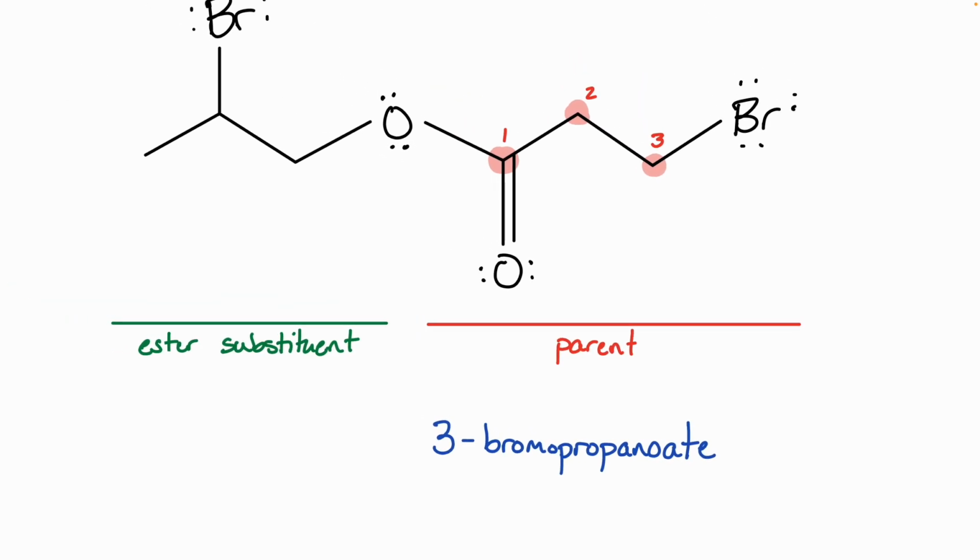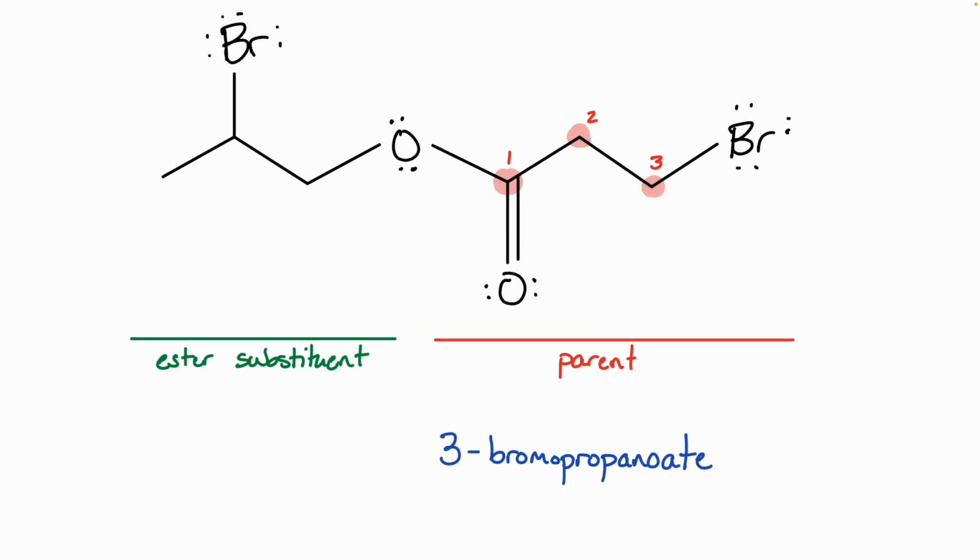All right. But now I got to do my ester substituent. That's these 3 carbons over here. All right, so that would be a propyl group. And I have this bromo on there as well.